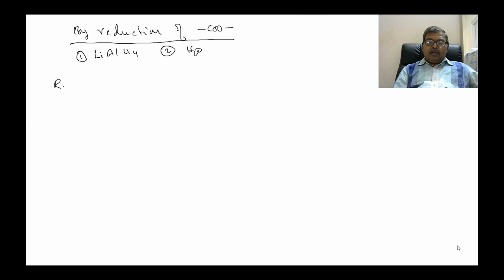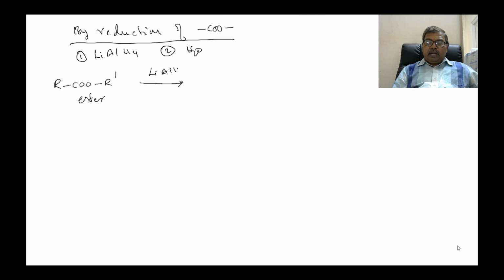By reduction of esters, same first step, reduction with lithium aluminum hydride, and second step hydrolysis. RCOOR dash, this is an ester.